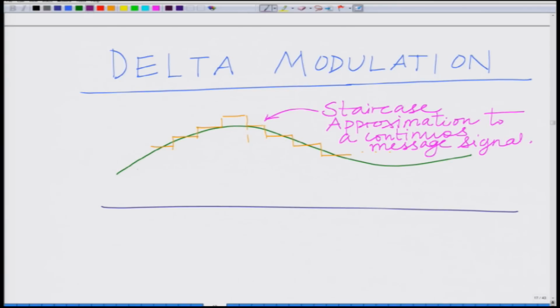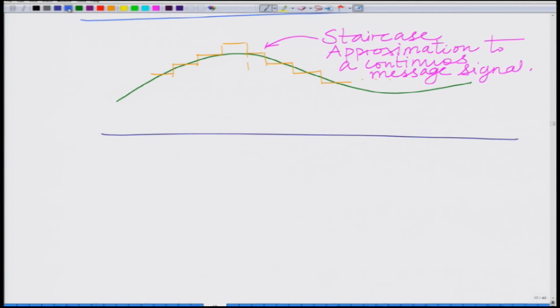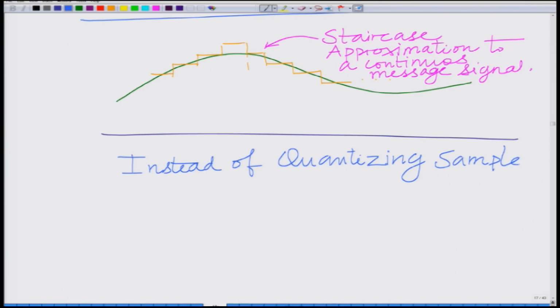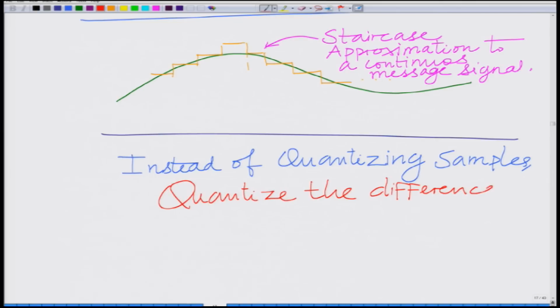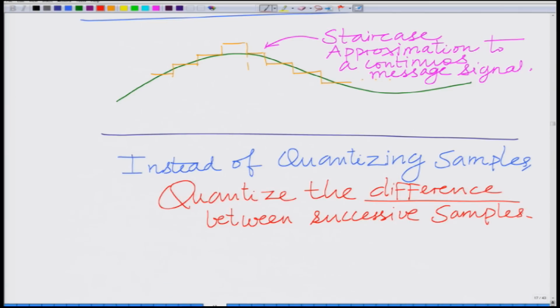So, the key principle in delta modulation is, instead of quantizing the samples, quantize the differences between successive samples.